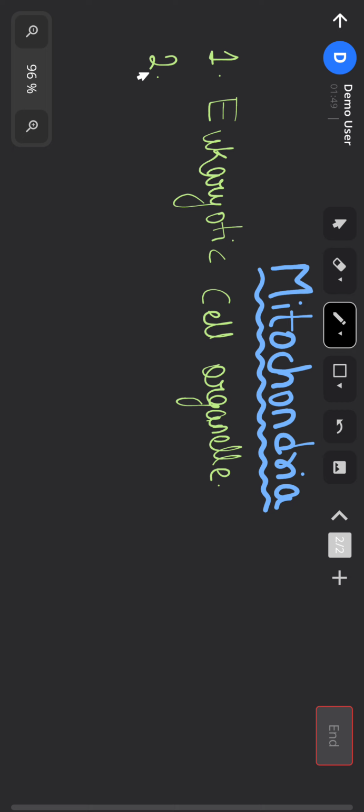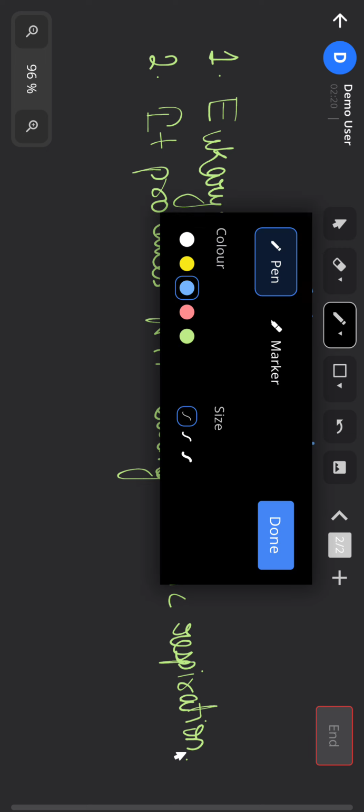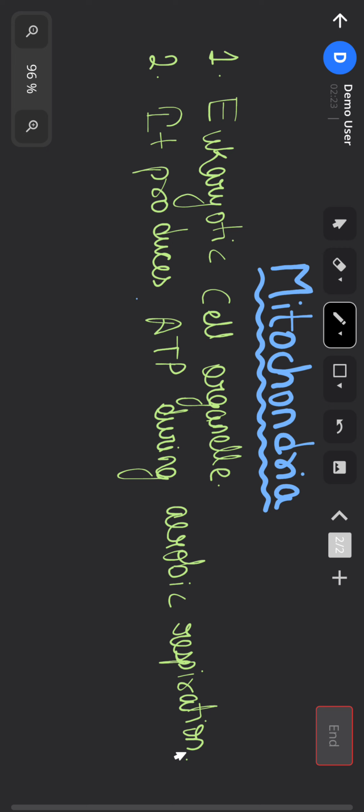Aerobic respiration means the respiration in which oxygen is required. It produces ATP during aerobic respiration. So it produces ATP, and ATP is called the energy currency of the cell.